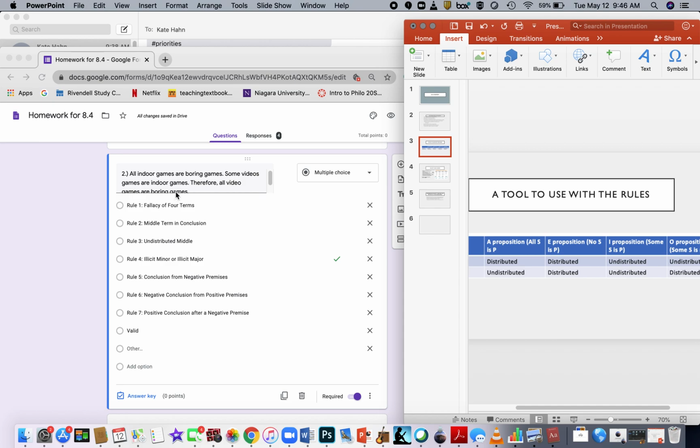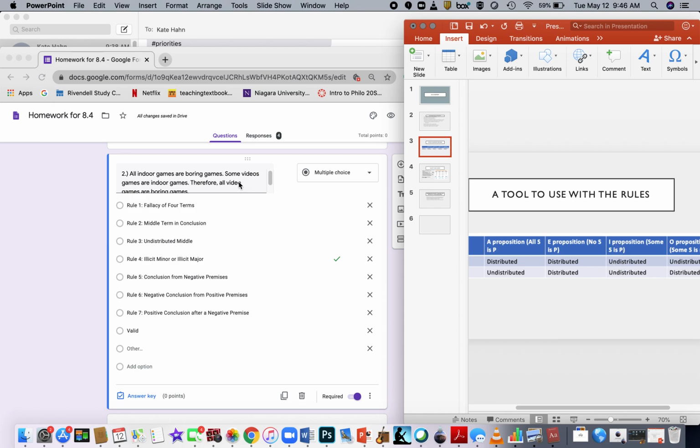So let's see. This is an A proposition. So we know that in an A proposition, the subject is distributed. You can look over here for that. And you see that the subject, video games, is not distributed in the premises. So video games, you go up to the minor term, it's an I proposition, and in I propositions, both terms are undistributed.